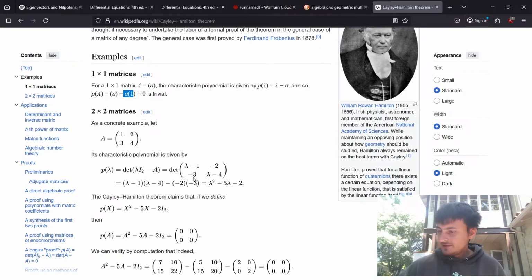The difference between, so instead if we did 1 minus lambda times 4 minus lambda minus 6, we would get 4 minus lambda minus 4 lambda plus lambda squared plus 6.